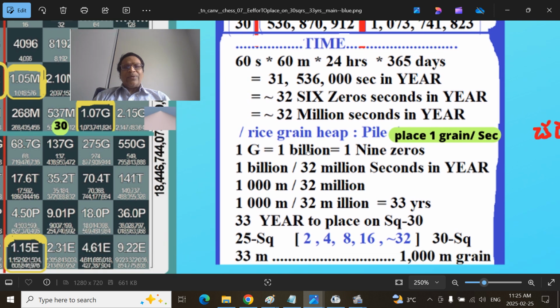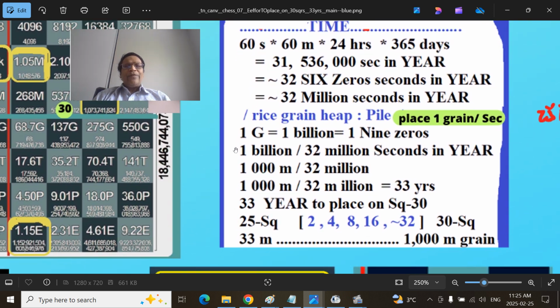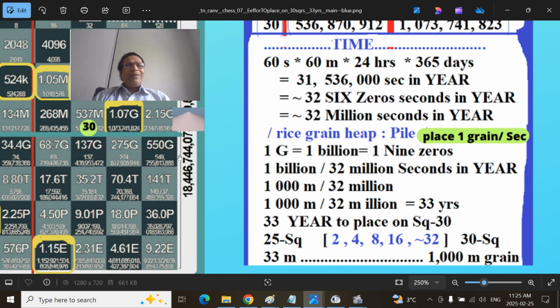So that means if you take 1 giga, that is the billion, billion and giga mean you have 9 zeros, grains. Remember, million is 6 zeros, billion is 9 zeros. You remember here on this 31st square, you can put 1 G grain, 1 giga grain or 1 billion grains. That is the reason I have taken it.